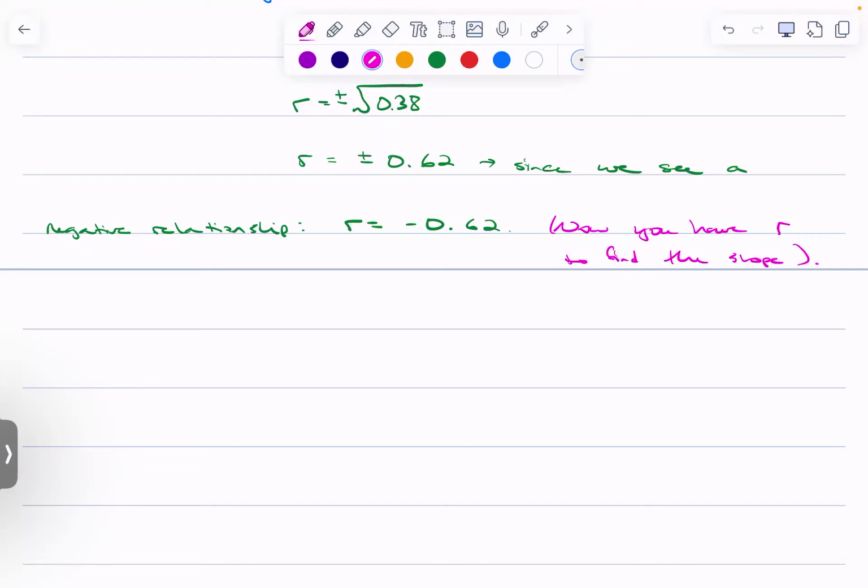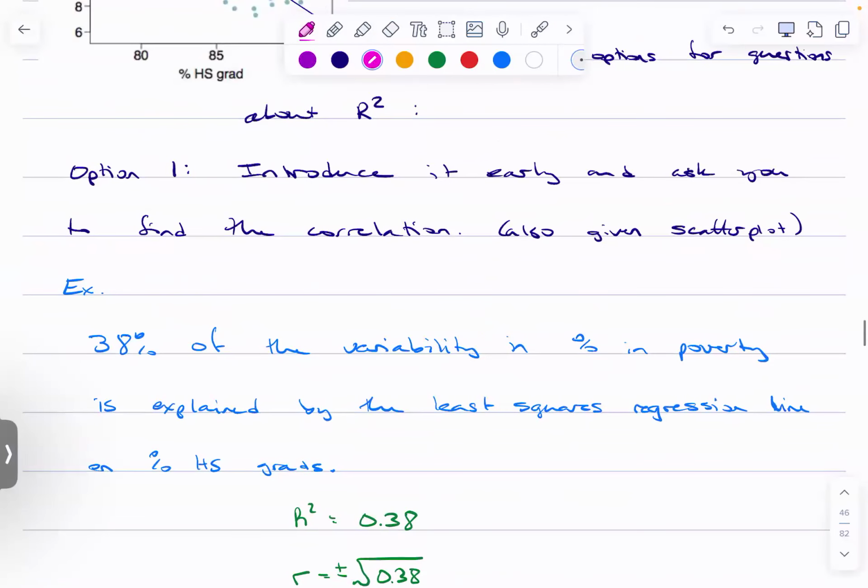And then add that to the other first two options, where I give you the covariance and the standard deviation of X and the standard deviation of Y, and then you can find R, or I'm nice and I just give it to you. If I'm nice and I just give it to you, that's going to be option 2, towards the end of the question.